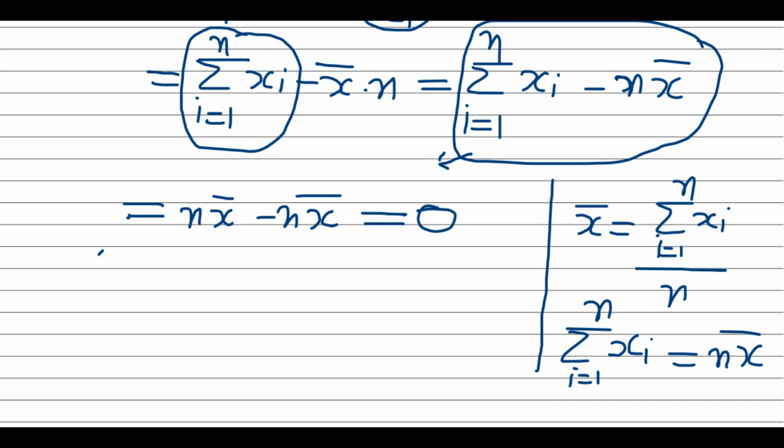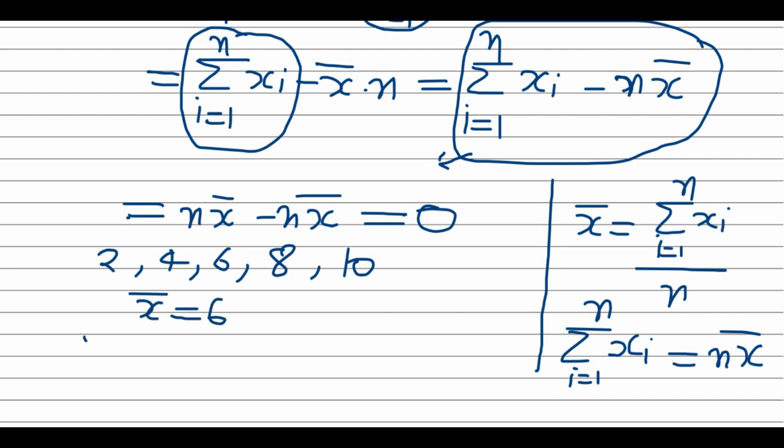Now let us see an example. I'm taking some data: 2, 4, 6, 8 and 10. The mean would be 6, so x bar is 6.